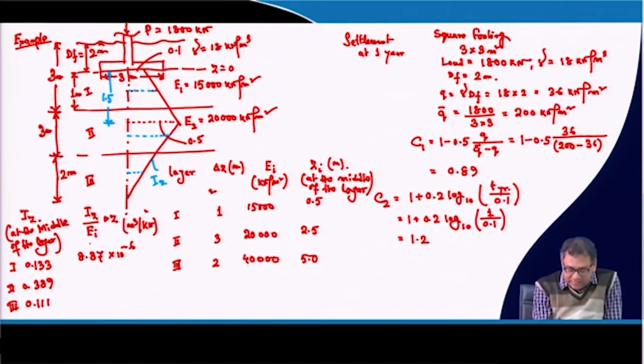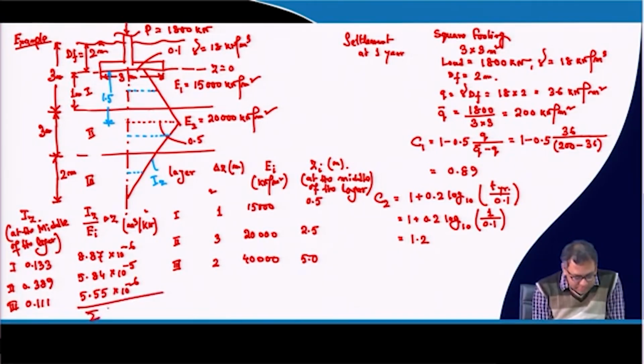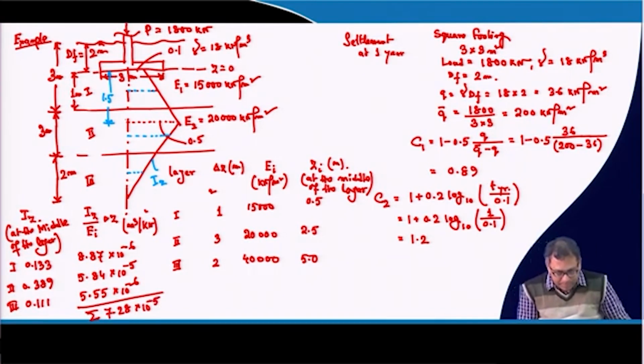So basically this column is Iz delta z divided by E_i for each layer, and that is 5.84 into 10 to the power minus 5 and 5.55 into 10 to the power minus 6. If I add them, this will be 7.28 into 10 to the power minus 5.